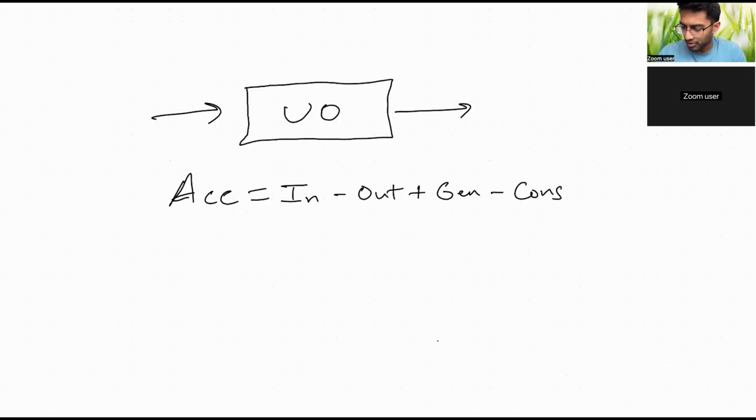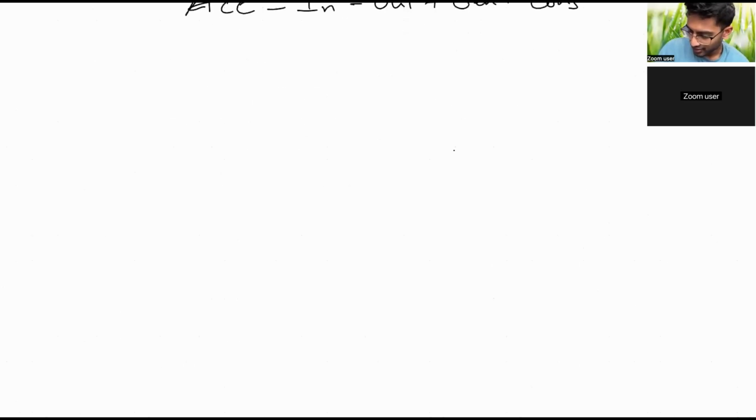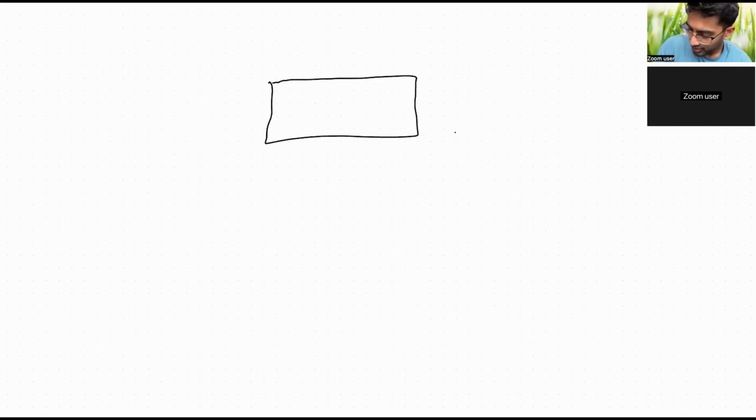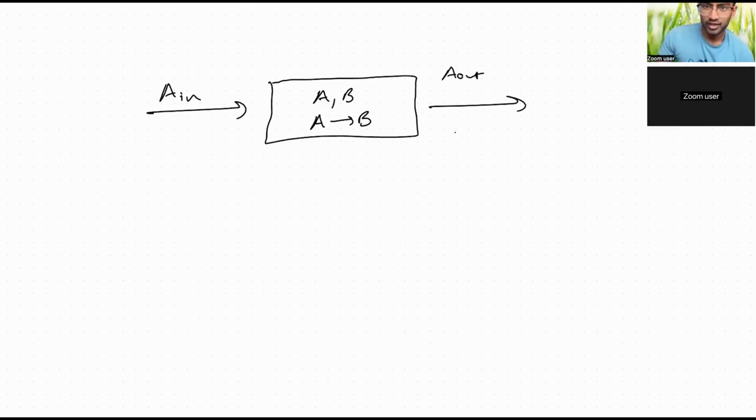Right. So let's give a practical example here. So suppose I have a reactor where we have two species, A and B, with the reaction A goes to B. You feed some A in, and then out comes whatever's left over of A that wasn't reacted, and then of course your product B, right?